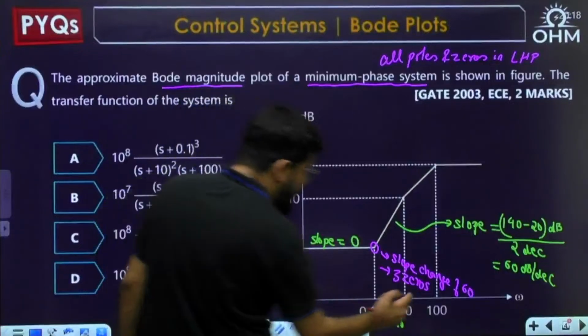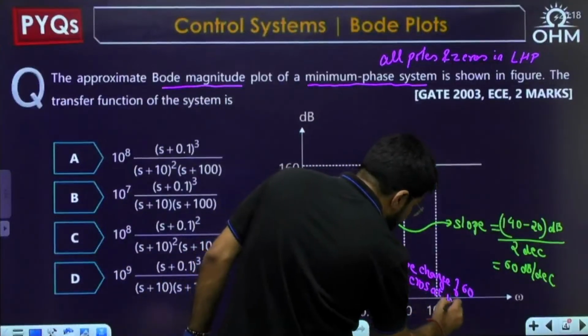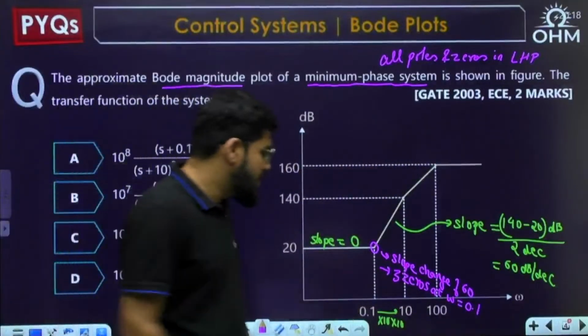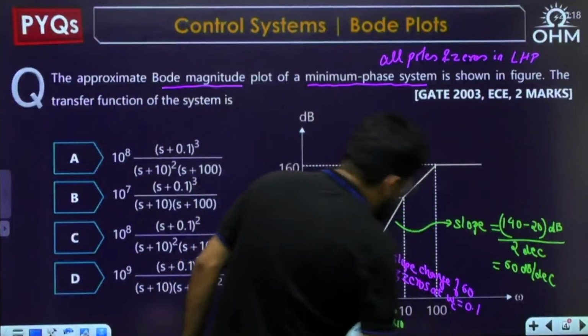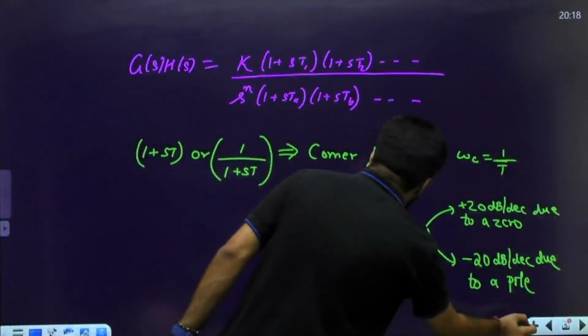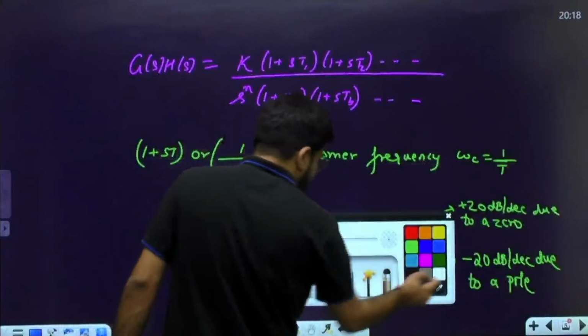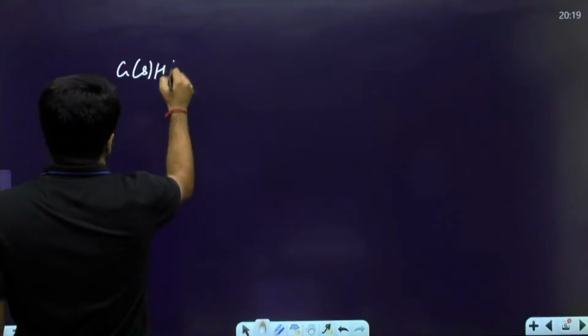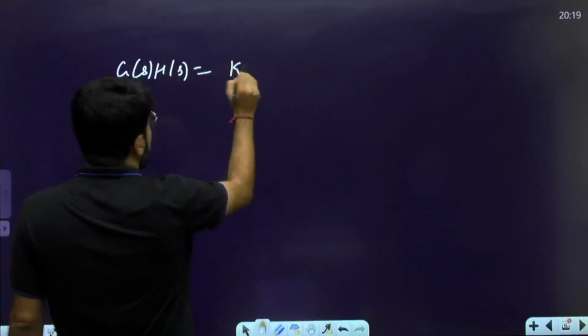And at what frequency? 3 zeros at omega equal to 0.1, and this is known as the corner frequency. So when I start writing G(s)H(s), I'll explain other terms also; there will be some K term that I will explain later.